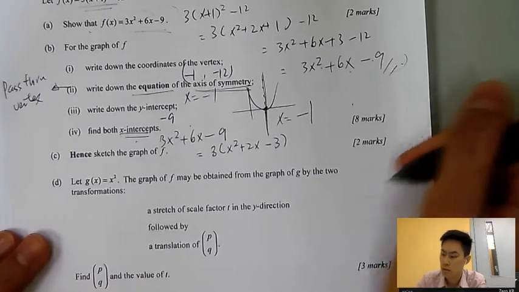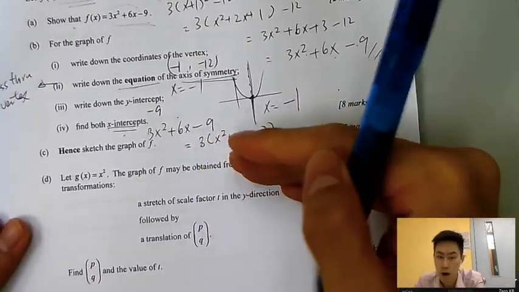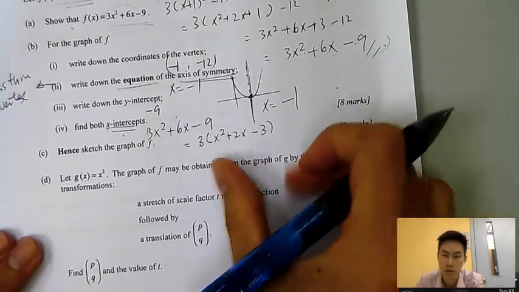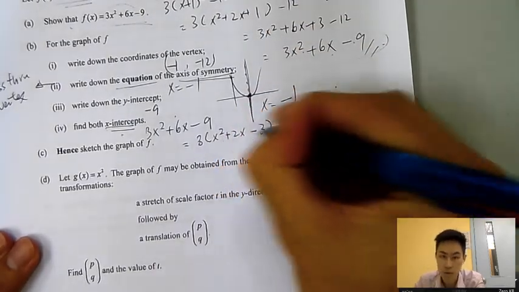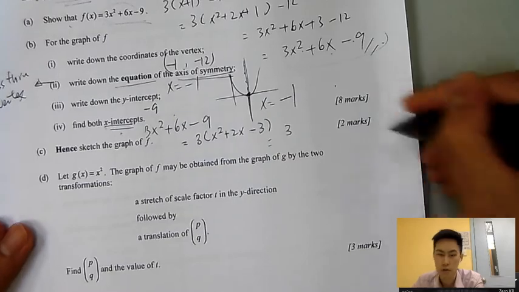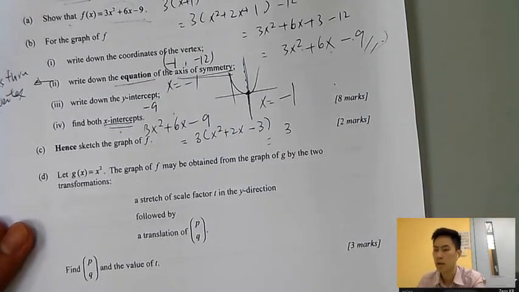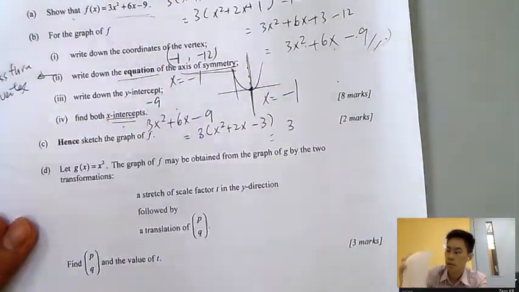In this chapter, I expect you to know how to factorize. You use the cross method. So 3 and then x squared plus 2x minus 3. I'll just do it on another paper.